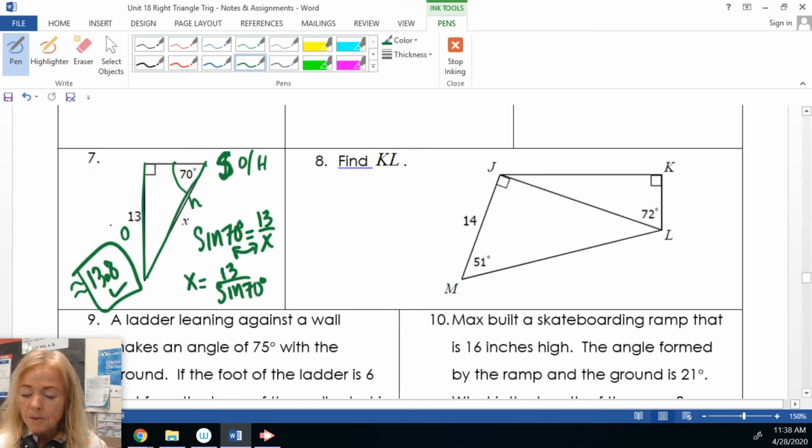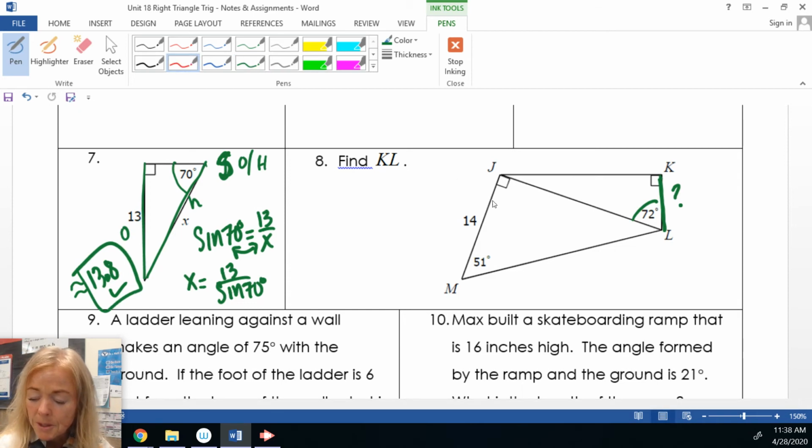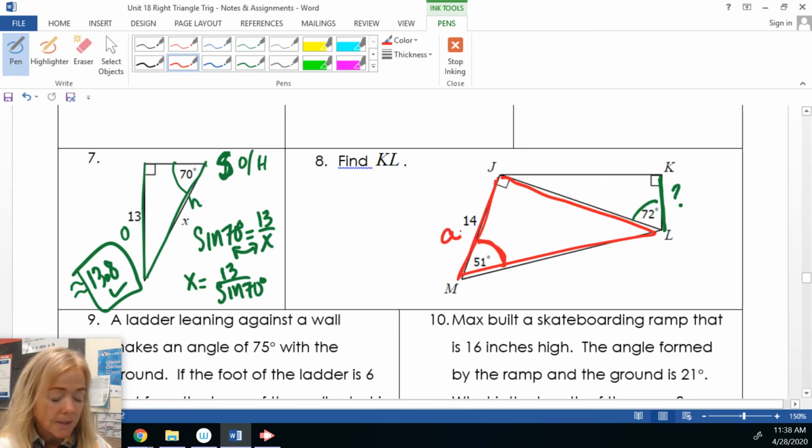This one, we're looking for KL, which is this side right here. We have this angle, and this is another one of those where we need another side. So I would start with this red triangle here. You have this angle that's 51, you have the adjacent side, and you are going to look for the opposite side, and that is OA, which is tangent.